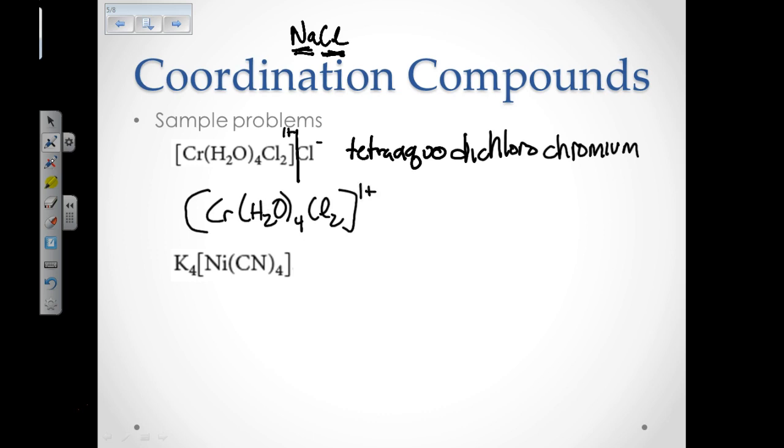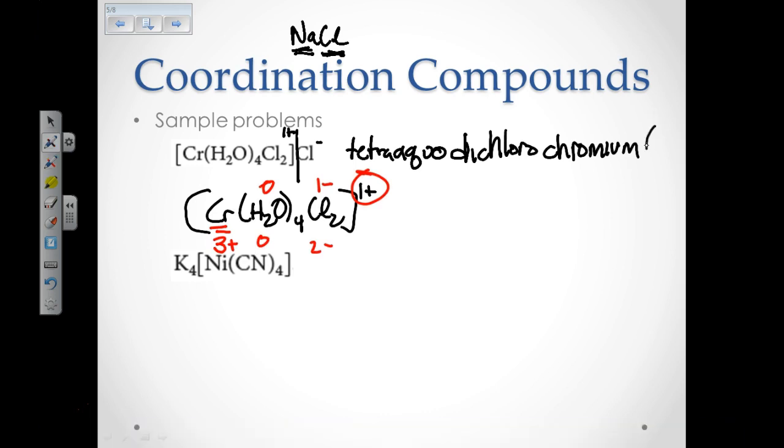So now we have to figure out what the charge on chromium is. Chlorine is a 1-, and there's 2 of them, so the total is 2-. Water is a 0, and so all of this has to add up to 1+. So that means chromium has to be a 3+, because water doesn't add to it.